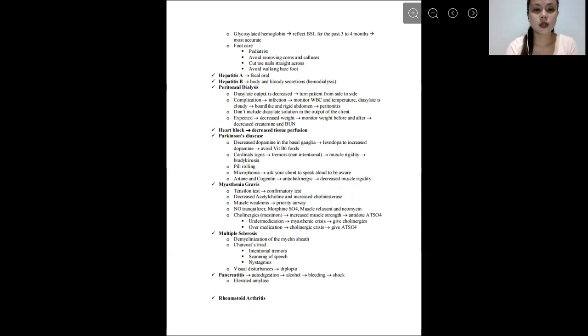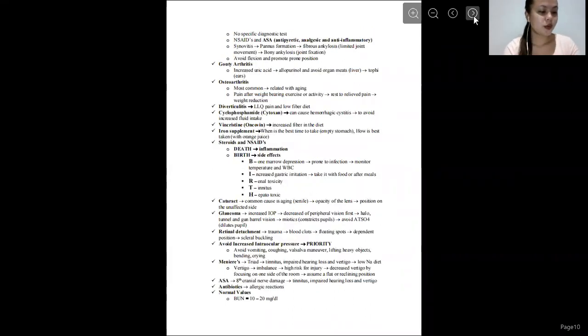Next is rheumatoid arthritis. Rheumatoid arthritis is an autoimmune and inflammatory disease. It attacks healthy cells in the body by mistake, causing inflammation and painful swelling.